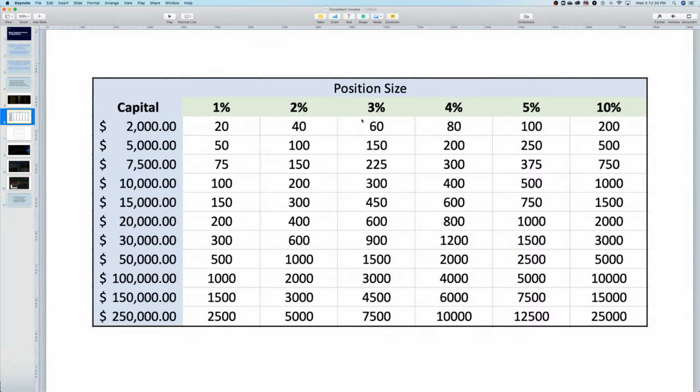If you trade between 1% and 5% per position, and just do this over and over, you're going to make money. Hands down, you are going to make money. It doesn't matter if you start with a $2,000 account, $5,000, $10,000, $50,000, $100,000, even a $3 million account. You trade with these sizes in mind, with each position size, you will make money with this system.